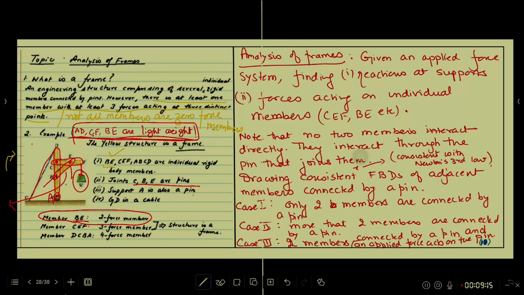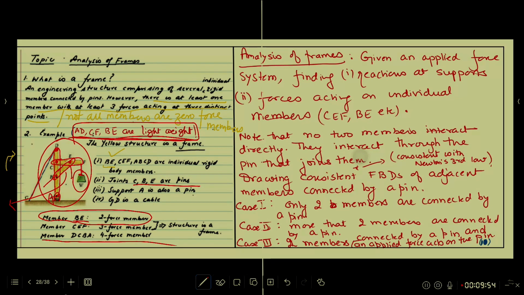The moment you identify at least one 3-force member, you can go ahead and declare that the structure that you are dealing with is a frame. Okay. For sake of completion, I have written here, member DCBA is a 4-force member. One force coming from the cable at D, another from the pin joint at C, another at B due to the pin joint, and the last one at A due to the pin joint at A.